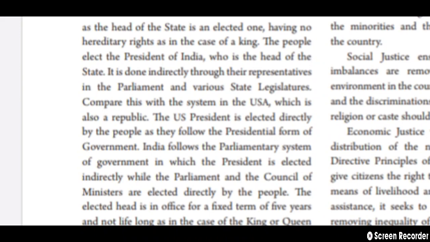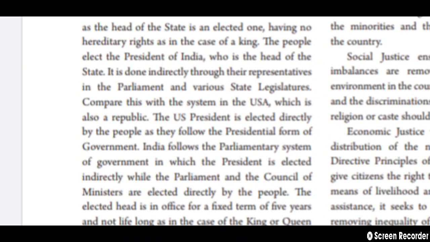Comparing this with the system in the USA, which is also a republic, the US president is elected directly by the people, as they follow the presidential form of government. India follows the parliamentary system of government, in which the president is elected indirectly, while the parliament and the council of ministers are elected by the direct votes of the people.